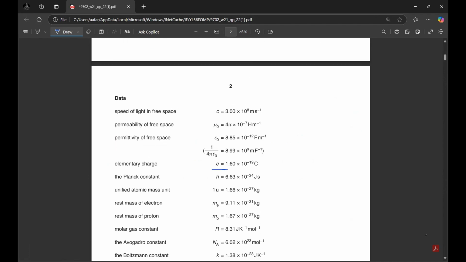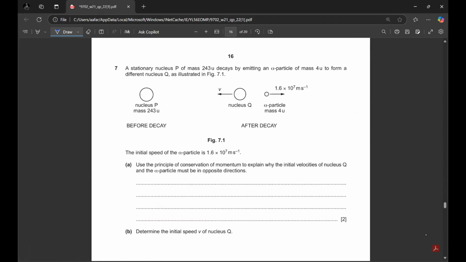The elementary charge is 1.6 into 10 power negative 19.